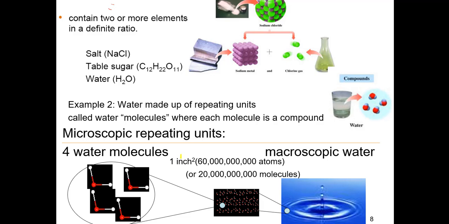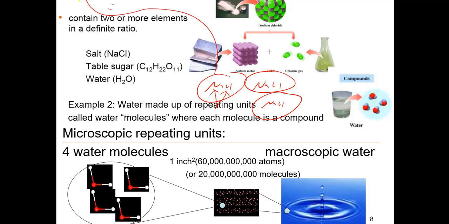So compound is the same way. You could have sodium chloride. You'll notice that NaCl, Na is one type of element, or atom type. Cl is another type of element, or atom type. And because they're different, then it's a compound.